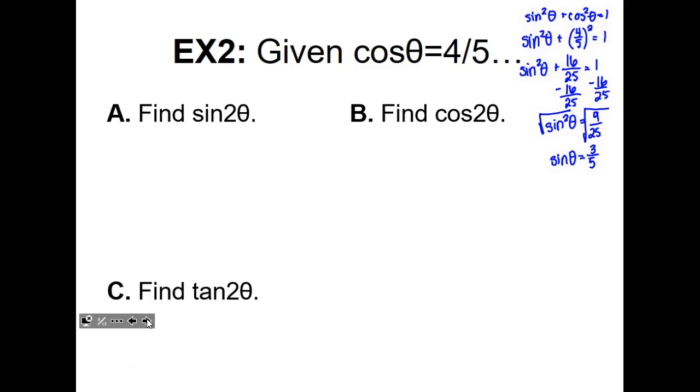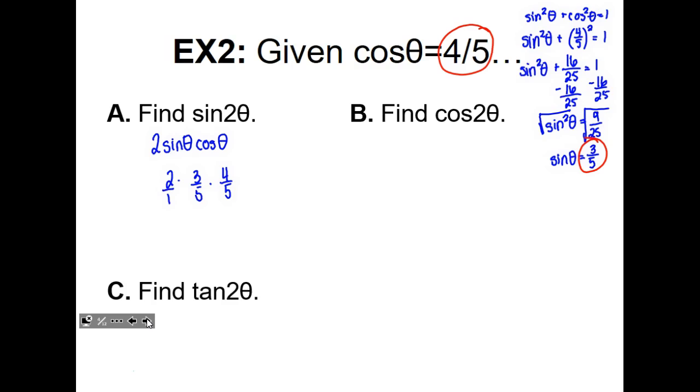Okay, so once you have these two pieces of information, you're just plugging things into the formula, whichever formula you need to use. So this formula is 2 sine theta cosine theta. So that's going to be 2 times 3/5 times 4/5.